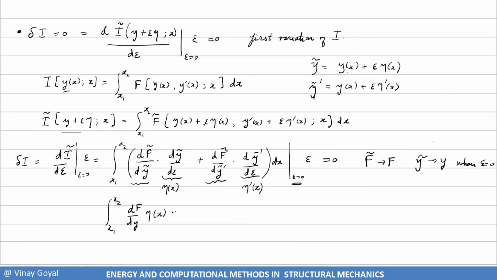So this time eta of x, plus, then I continue here, the derivative of f with respect to y prime, because y tilde also becomes y when epsilon is 0. And so then I get eta prime of x dx, but I have this epsilon, and this epsilon can be multiplied back into here, like that.